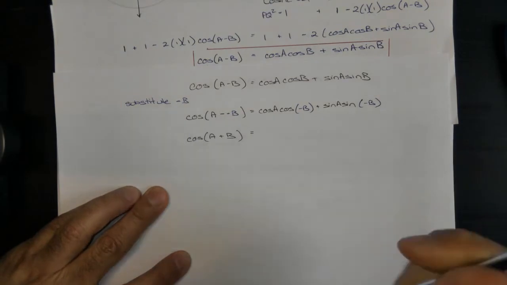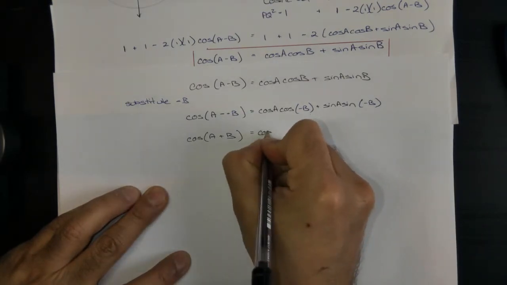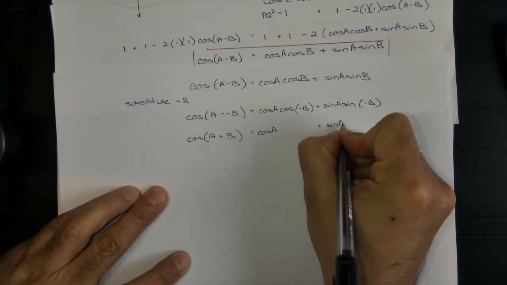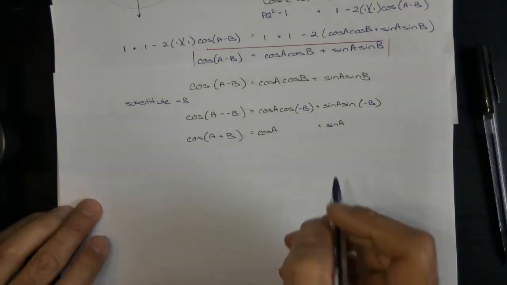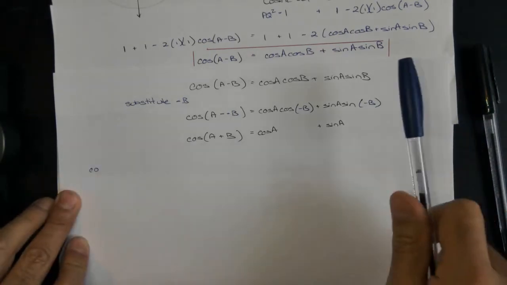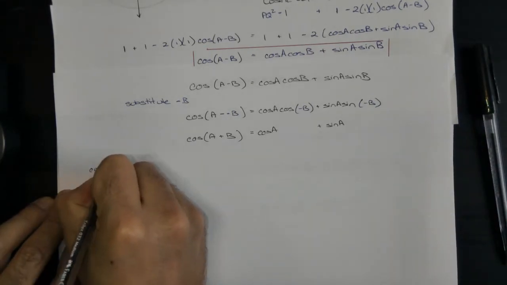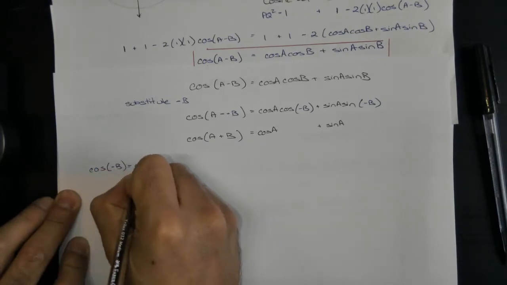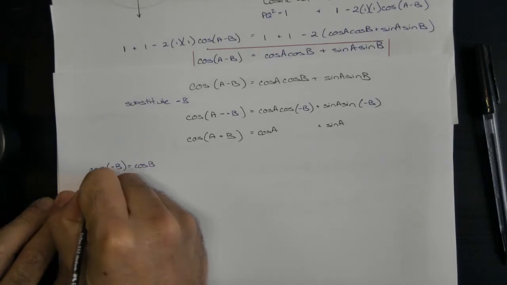Now, cos A stays the same, and so would sine A at this stage. Now, as I said, cos of negative B is the same as cos B because it's an even function.